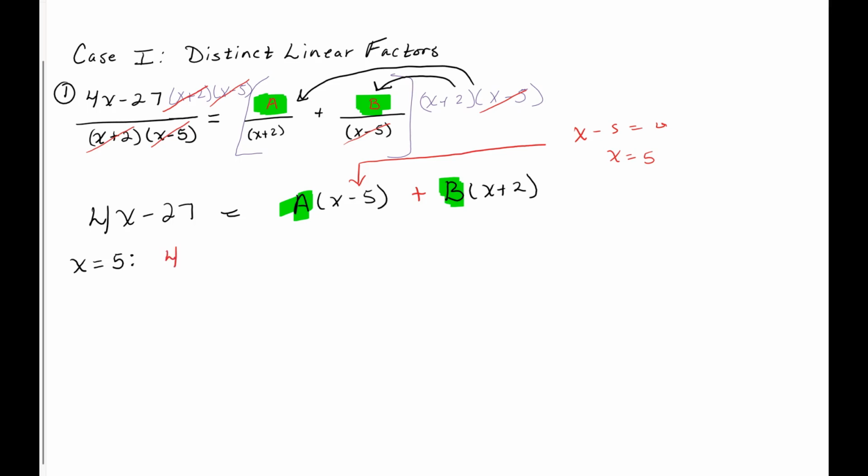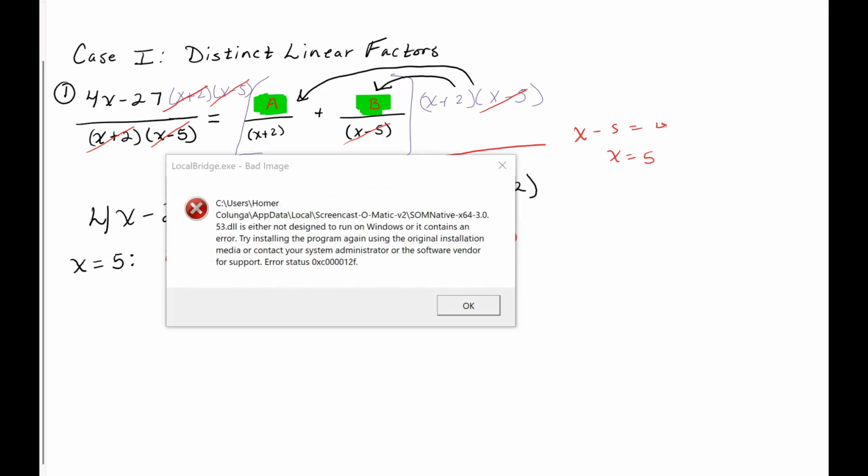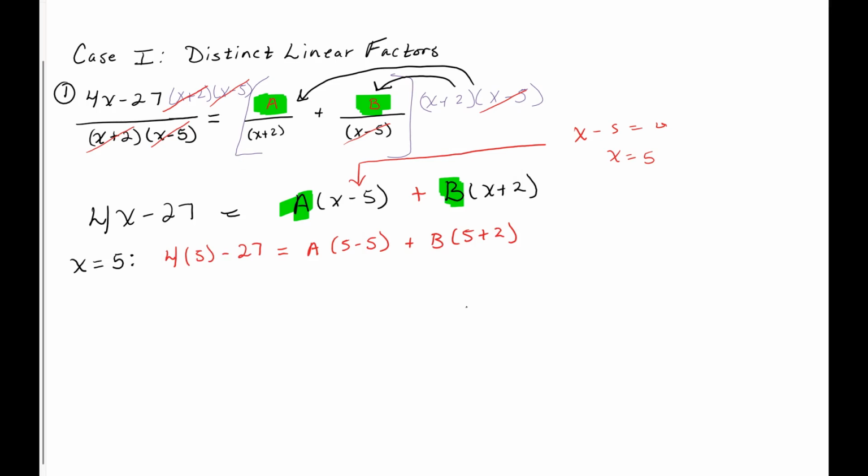So I'm going to say 4 times 5 minus 27 equals a times 5 minus 5 plus b times 5 plus 2. When I work on this, I get 4 times 5, which is 20, minus 27. And then the 5 minus 5 is 0, so this cancels that out.